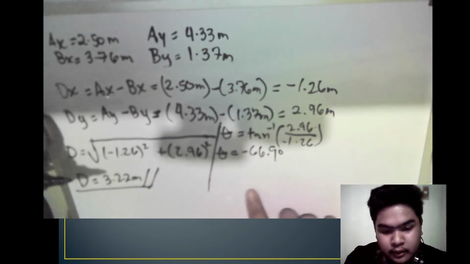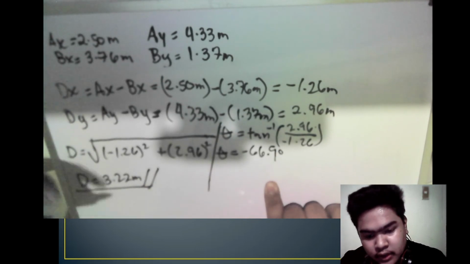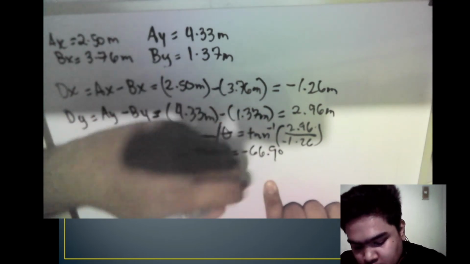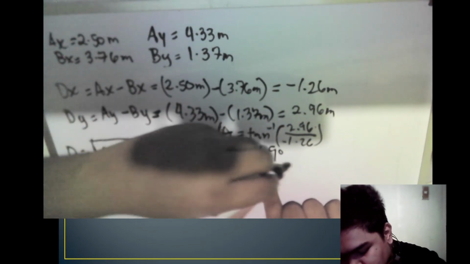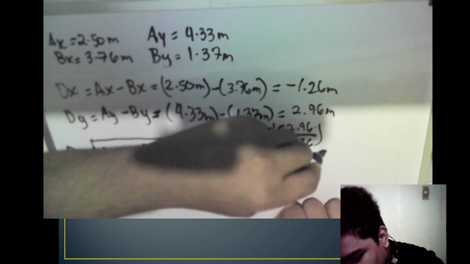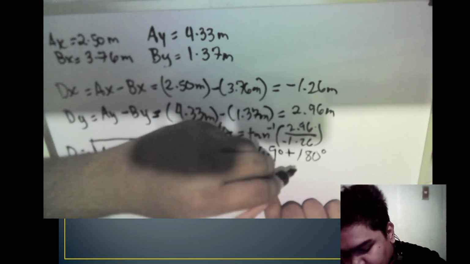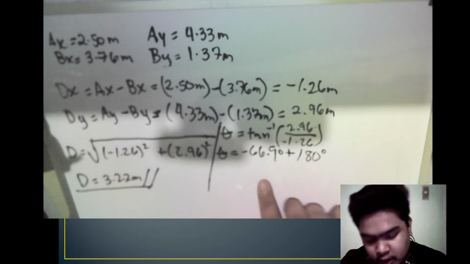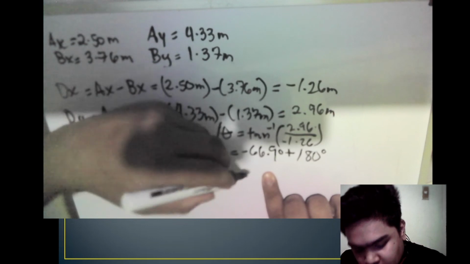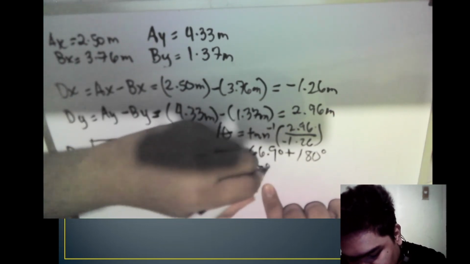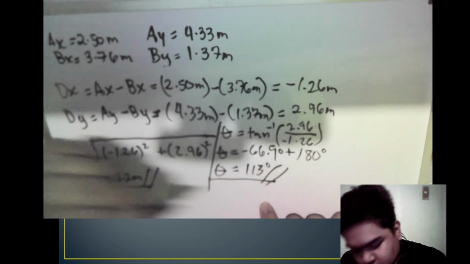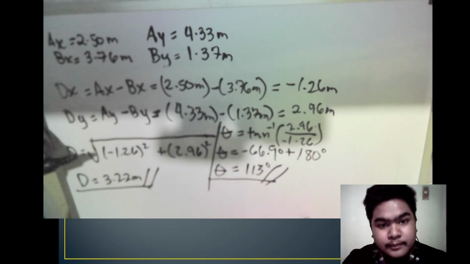So we can get the positive direction by adding 180 degrees to the negative value, and the total would be 113 degrees. So ito po yung positive na direction niya. That's all.